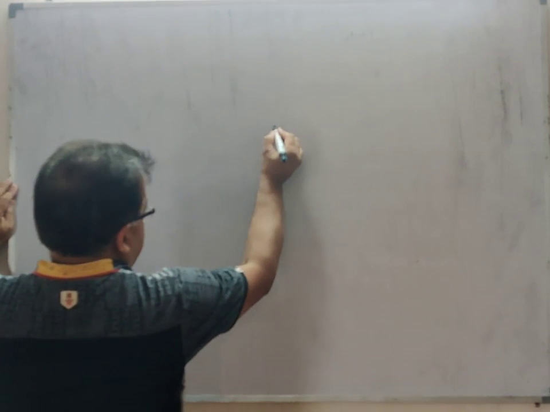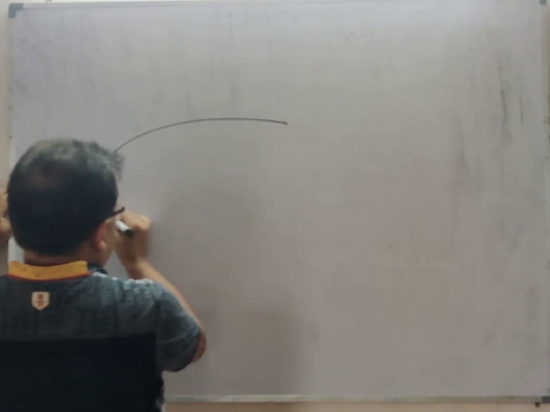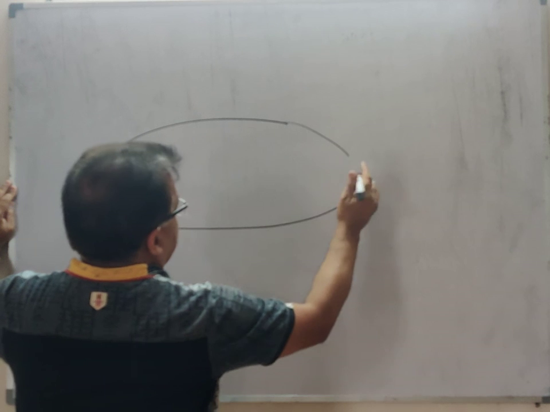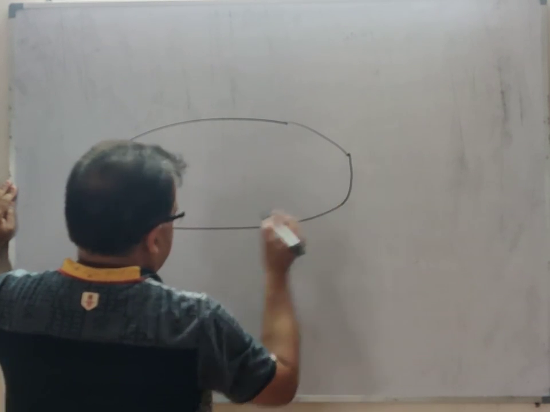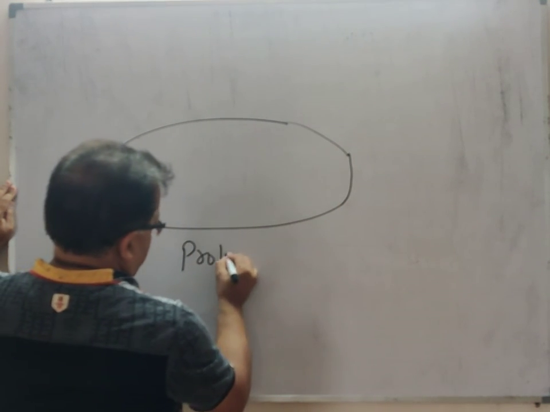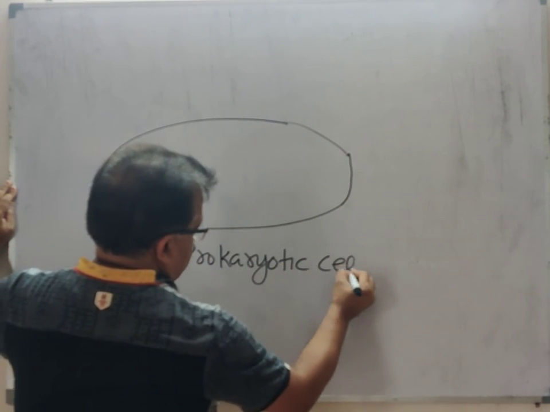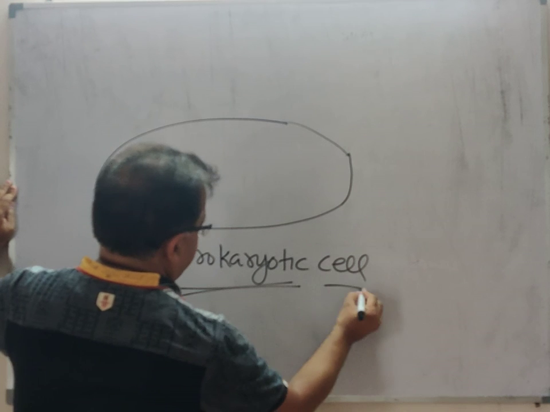See the diagram, it is prokaryotic cell. Prokaryotic cell, that is the cell found in prokaryotes.